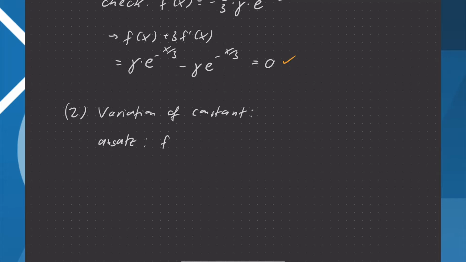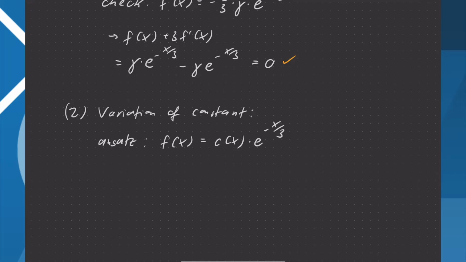We're going to say, well, f of x, the homogeneous solution is gamma times e to the minus x over 3. So we just replace gamma by an unknown function c. And then we have c of x times e to the minus x over 3. So that's our ansatz.